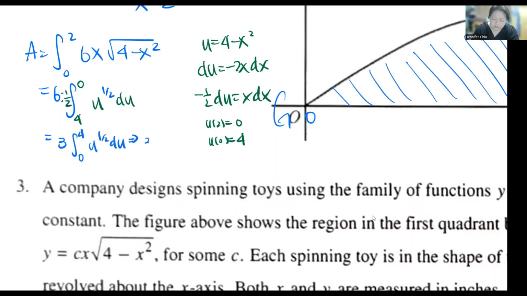Okay, now I have 3 u to the 3/2 times 2/3, 0 to 4. These reduce out. I get 2. 4 to the 3/2 is really 2 squared to 3/2. So 2 squared to 3/2 minus 0, so it doesn't really matter what that 0 is. So it gives me 2 times 8. That gives me 16. So this is the area for this shape if c equals 6.